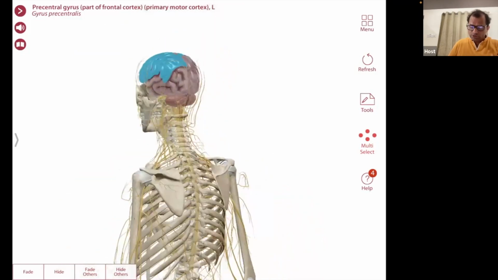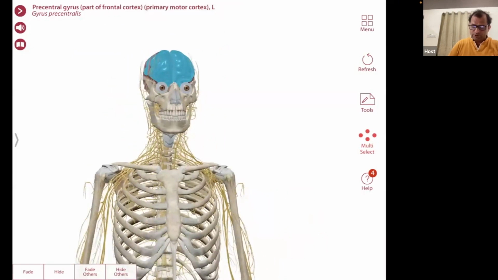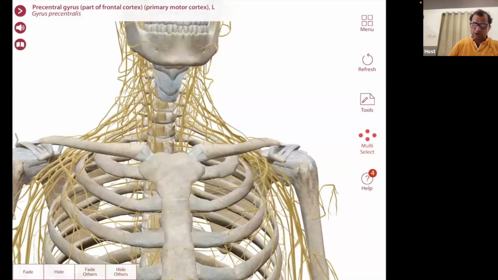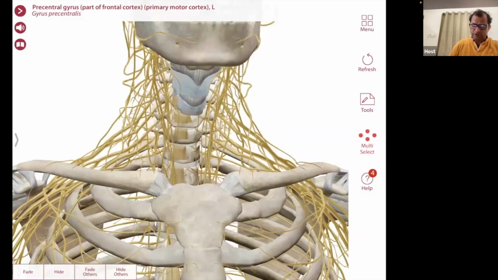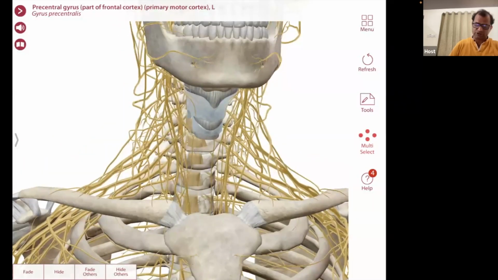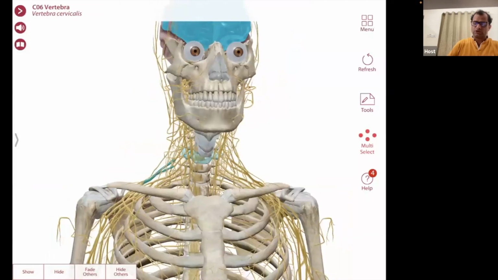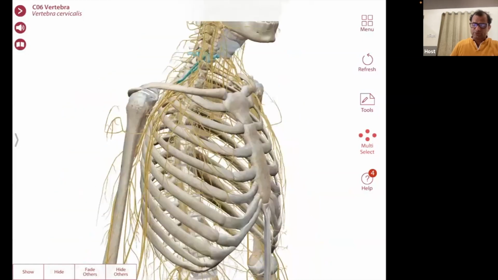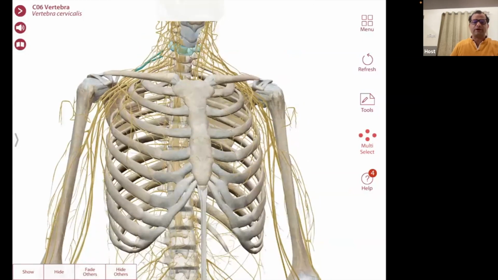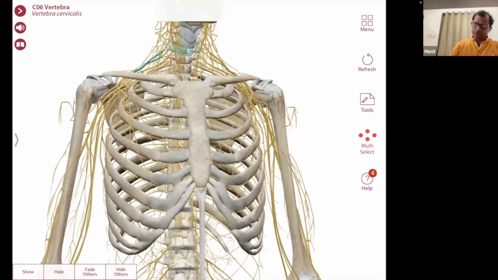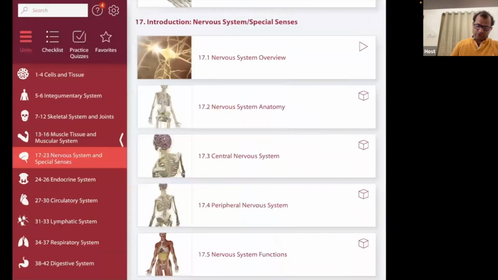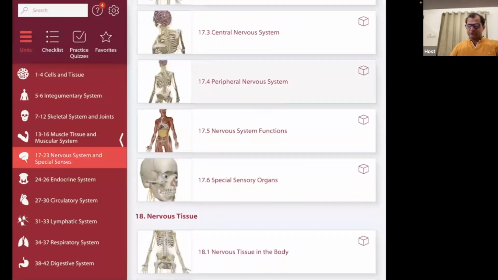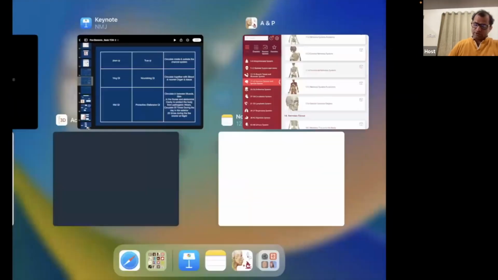Then we can see lots of nerves coming out, these golden color nerves. In this diagram, the golden color shows all the nerves coming out from the brain and from the spine. These are called peripheral nerves, the peripheral nervous system, right? So in this way, we have seen the nervous system has two parts.